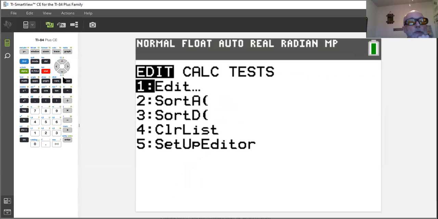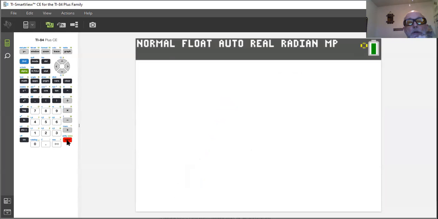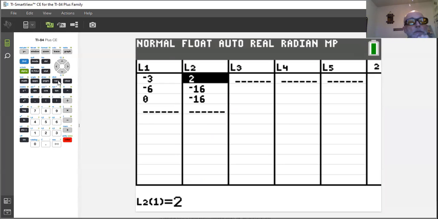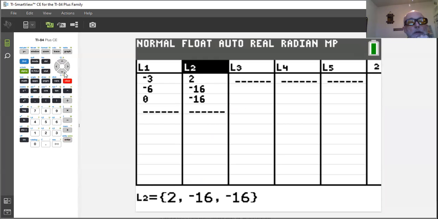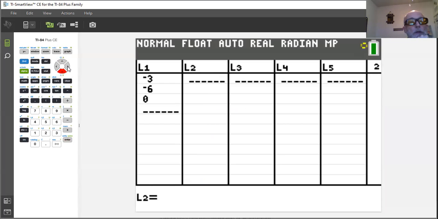So I'm going to edit, right? Edit, just hit enter. And then clean those out. Up, clear, down. And then over, up, clear, down. Clear, down. Enter. Oops, did it go up? Up, clear, and then down. There we go, now I got it.